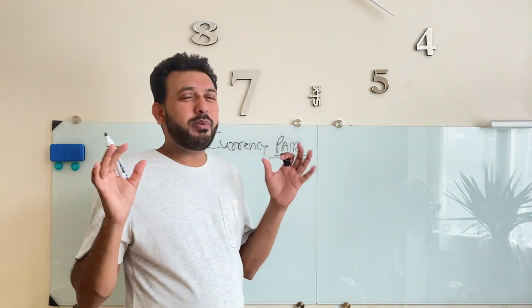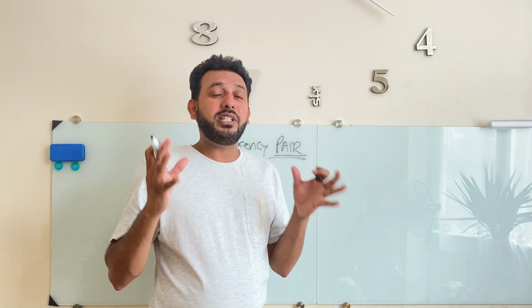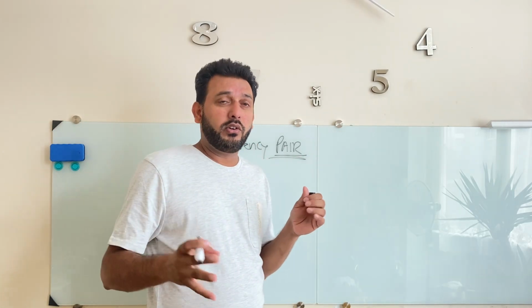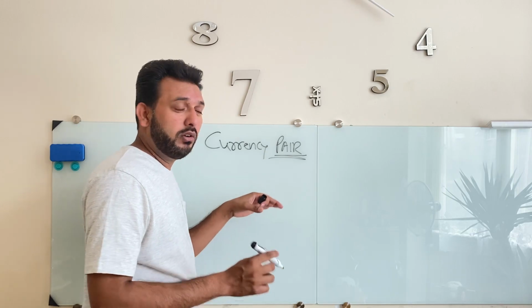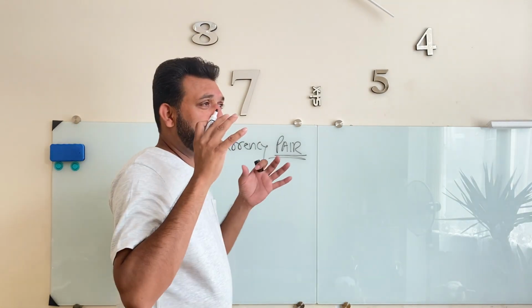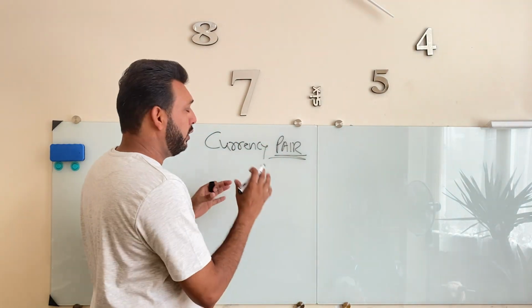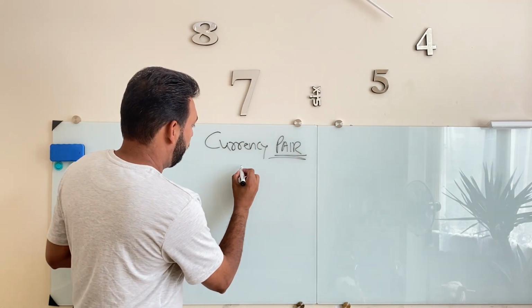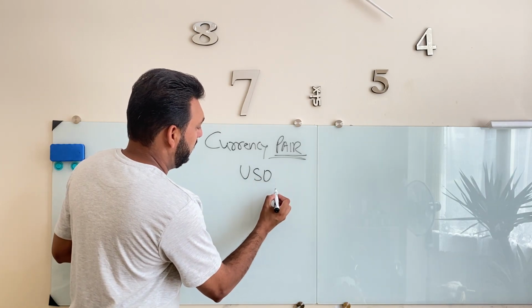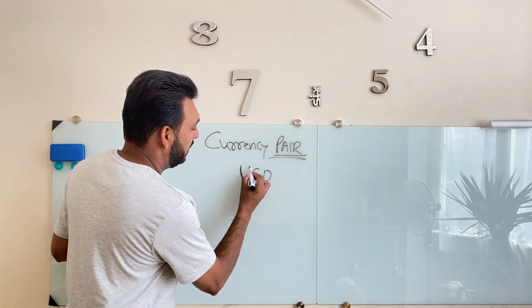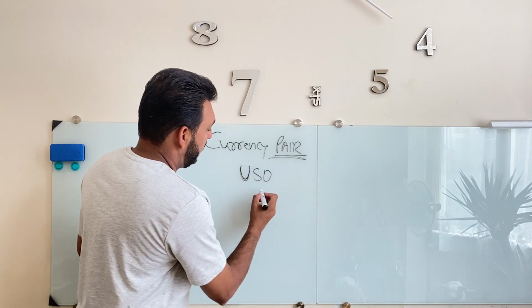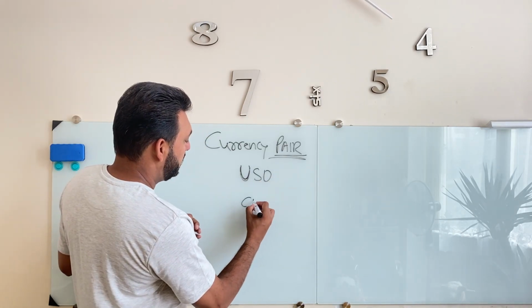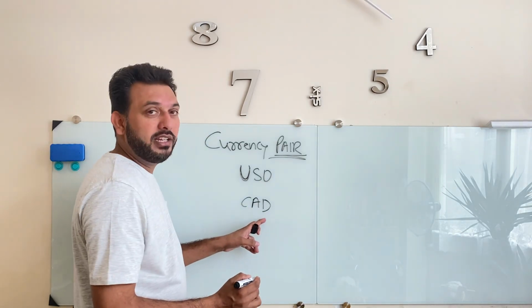Now, broker platform, please don't worry because I'm going to go into detail as to everything what it is. But for now, for this particular video, you need to understand that the broker platform will show you the currency in a 3-letter symbol. Now, for example, USD, United States dollar, or CAD, Canadian dollar.